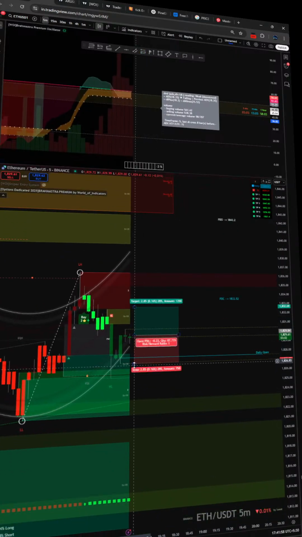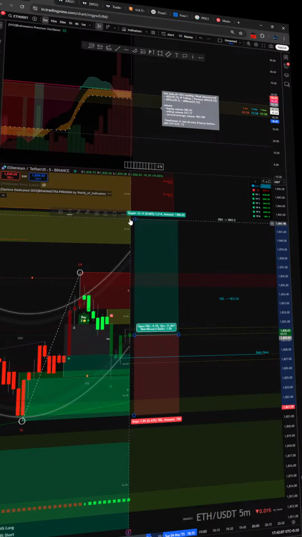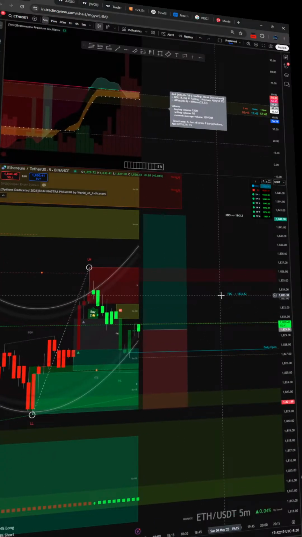This is 1:1.5. You can DCA as well, if you want. This is a live trade.